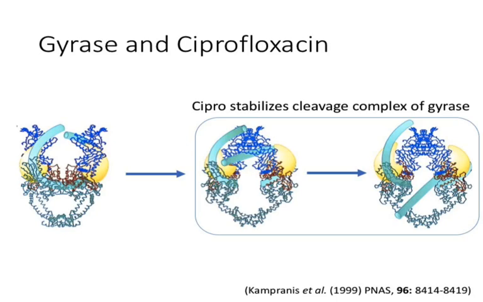Ciprofloxacin blocks gyrase in this conformation right here. So gyrase is able to actually begin the process of separating those two strands from each other, but it gets stalled in the process. Okay? And so then the cell ends up not finishing replication, still is able to metabolize, ultimately dies though because it's not able to continue to reproduce.